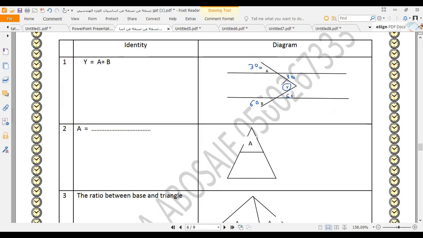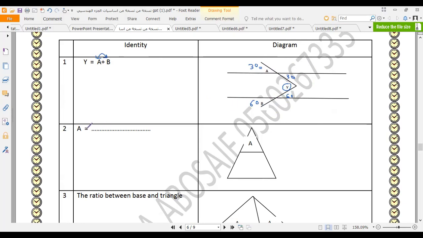But how do you get Y? Y is always the sum of A and B. So if he gives you a drawing or figure like this one, you have to know this angle will be equal to the sum of the other angles.